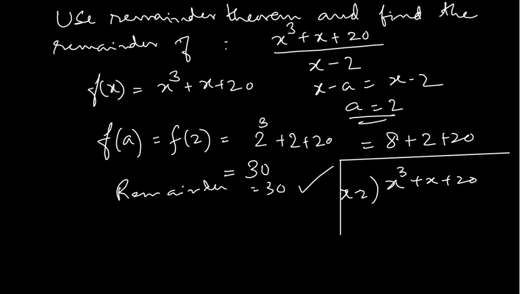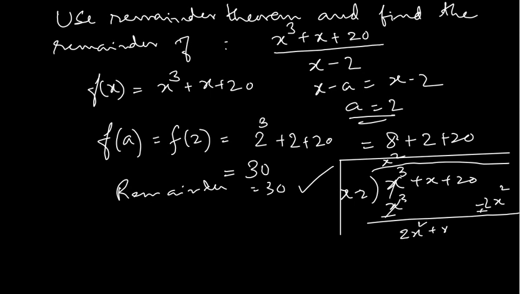So you get x squared times, so that's x cube, minus 2x squared. So minus 2x squared I wrote outside. So you get this minus, this is plus. So x cube gets cancelled. So this becomes 2x squared plus x plus 20. So I'll put plus 2x. So I get 2x squared minus 2x. Minus 2x or minus 4x?